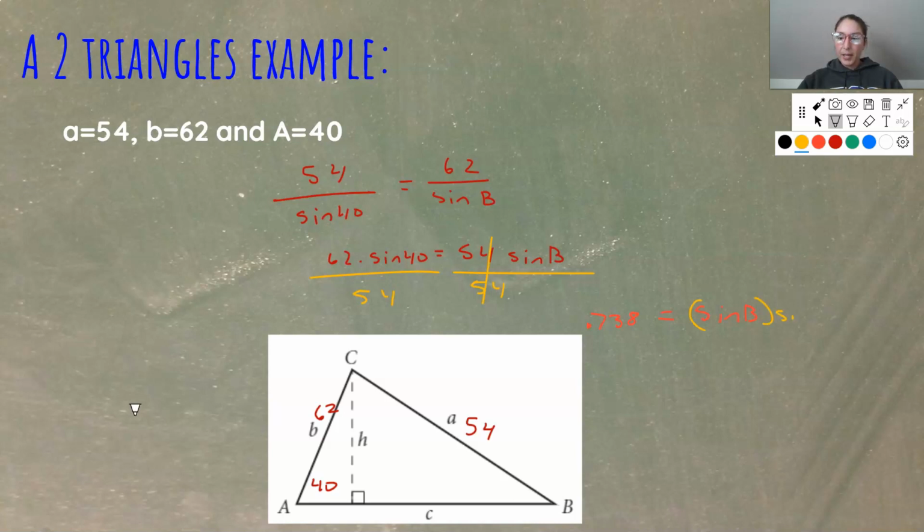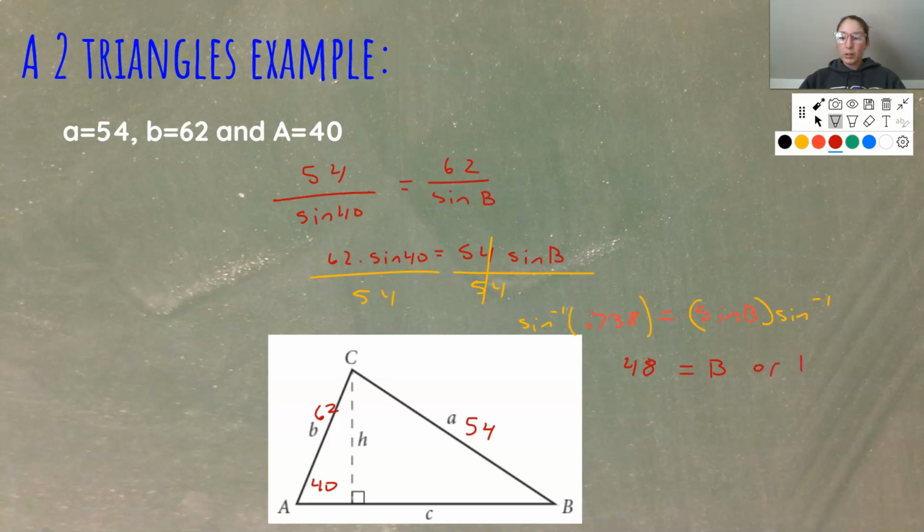So let's inverse sine both sides. And we get that B is potentially sine inverse of that thing, which is 47.5. My degrees right now are in nice whole numbers, so I'm going to round off. So this would be 48.